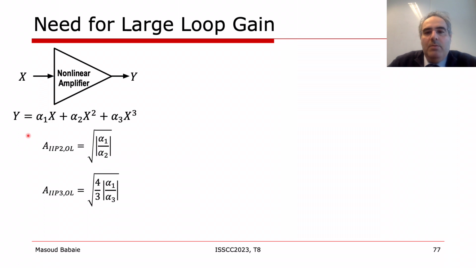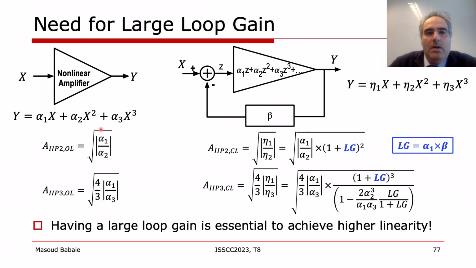can be modeled by this equation where alpha 1 is the amplifier gain and alpha 2 and alpha 3 are the second order and third order nonlinearity coefficients. As a result, the amplitudes of the second order and third order input intercept points can be estimated by these two equations. On the right side, we put the same amplifier in the negative feedback scheme with the linear feedback factor of beta.